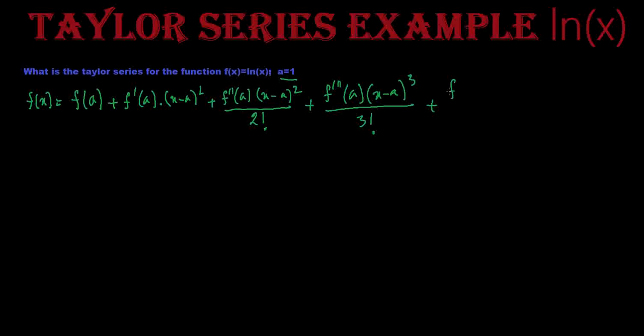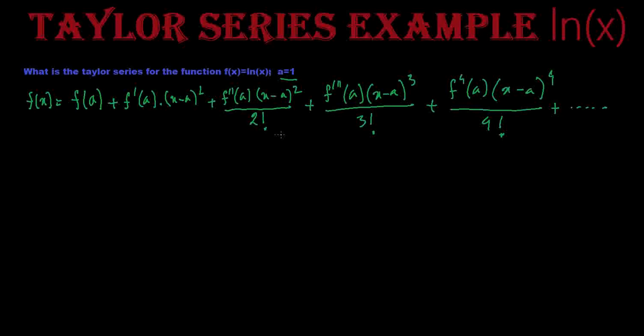plus fourth derivative of f of a times x minus a whole to the power 4 divided by 4 factorial, and so on. If we look closely, we can see a pattern here, that is 2 factorial, 3 factorial, 4 factorial, and so on.